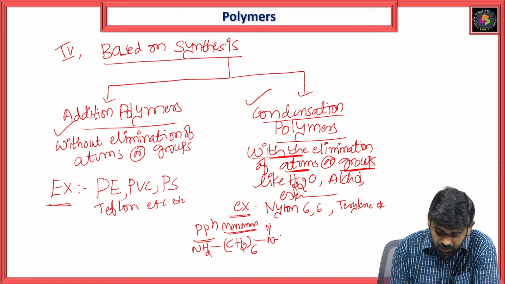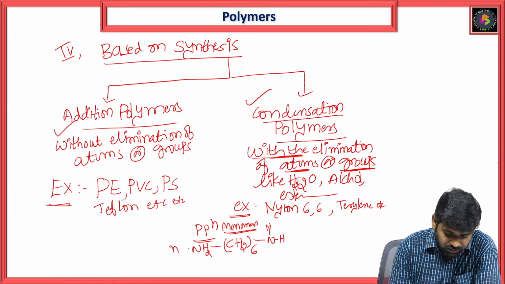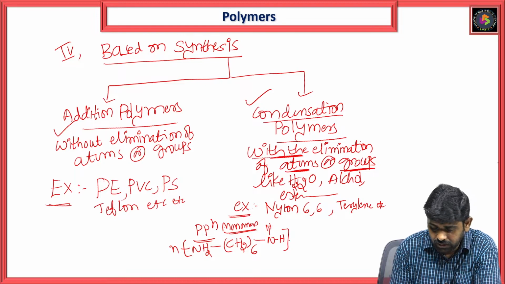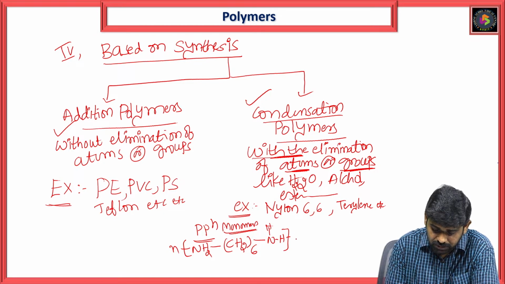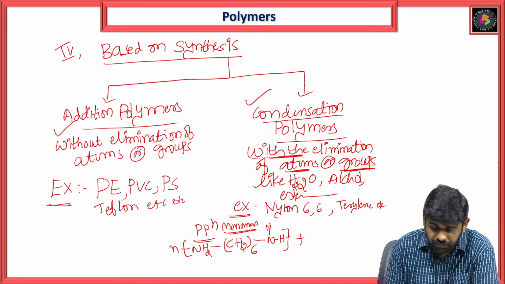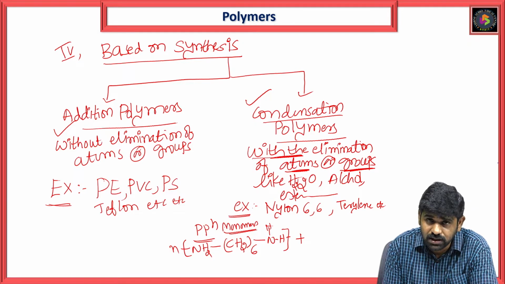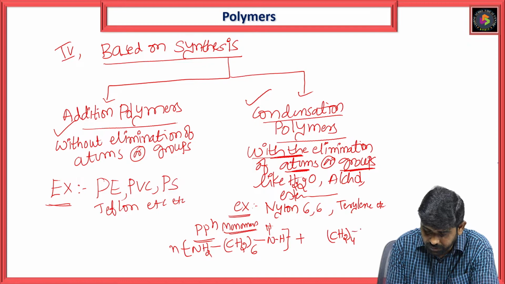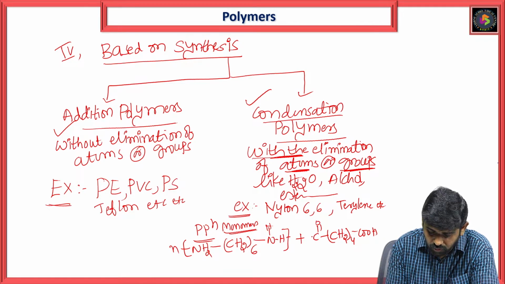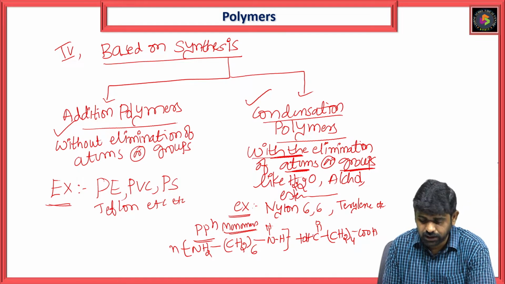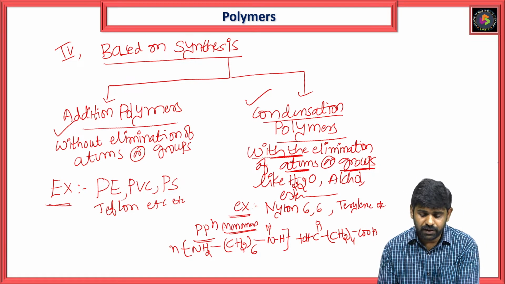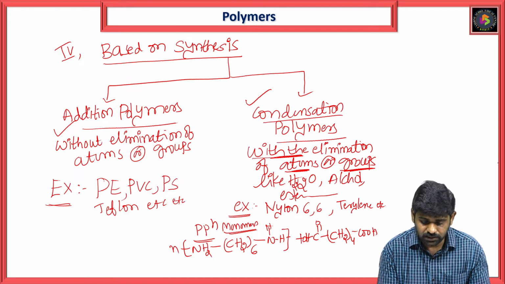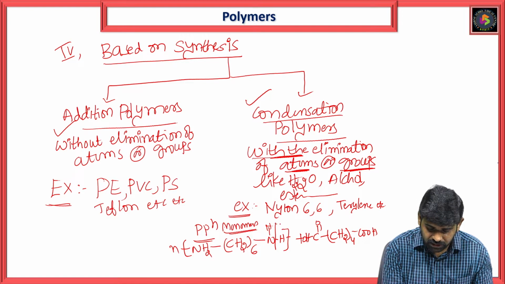N moles of hexamethylene diamine, and plus, what should I write here? Adipic acid, that is a dicarboxylic acid, HOOC, CH2 taken 4, COOH. Hexamethylene diamine and adipic acid. So there is loss of water, H and OH.